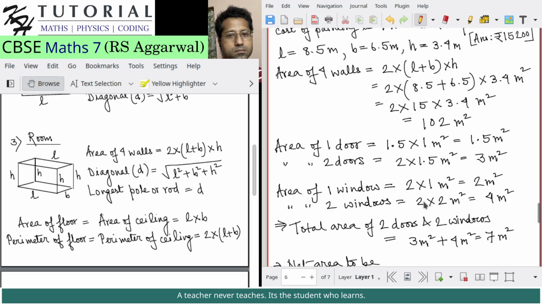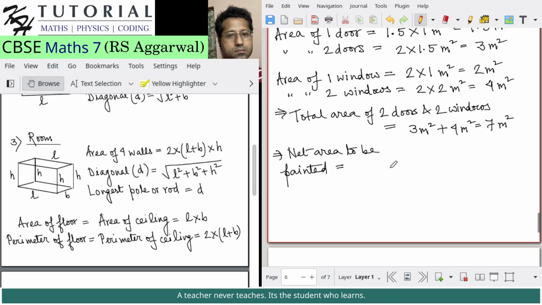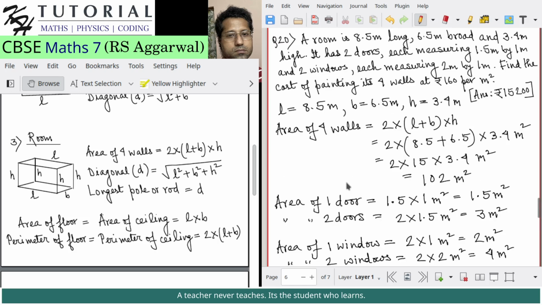So the area of four walls was 102 meter square, minus 7 meter square, which is equal to 95 meter square. Okay, 95 meter square. This is the net area to be painted, and the rate of painting is given.